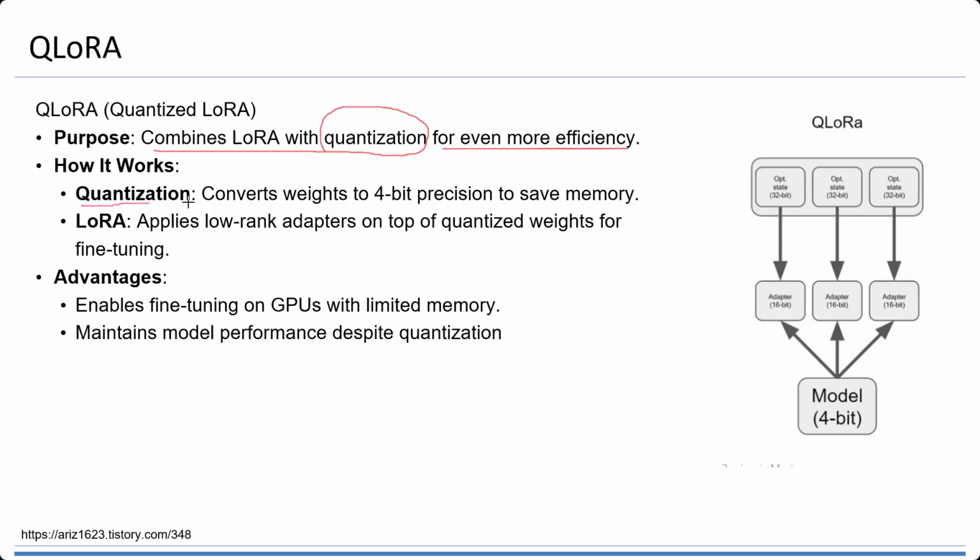So the quantization, it means we want to convert the weight into 4-bit precision. If you know about the computer, I think in Windows, usually they have the 64-bit. So the 64-bit means this is the number of 0 and 1 in the digital.